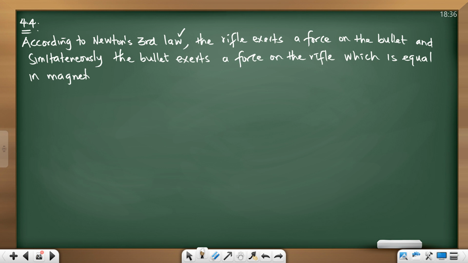Why am I writing magnet? Magnitude. And opposite in direction.